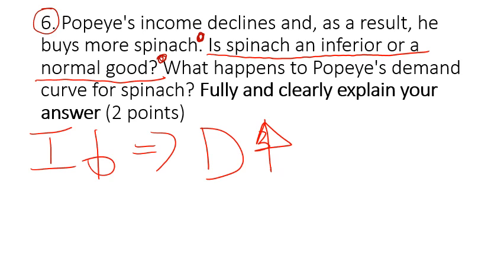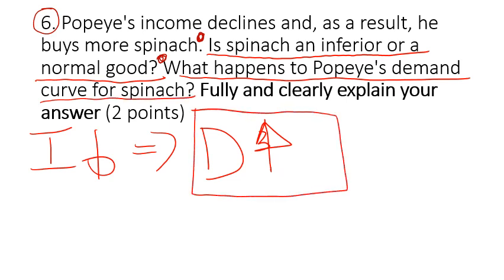Had spinach been a normal good, then when income declined, demand should have declined. But that's not the case, right? Since spinach to Popeye is an inferior good, that means that when his income level dropped, the demand increased. And the second part of the question is, what happens to Popeye's demand curve for spinach? Well, here it is. Demand increases.